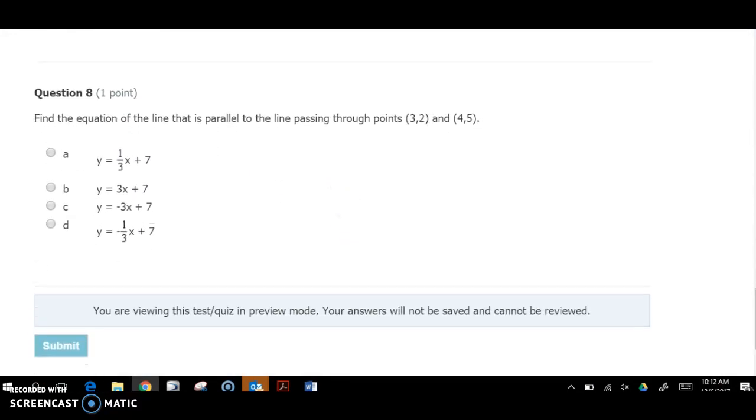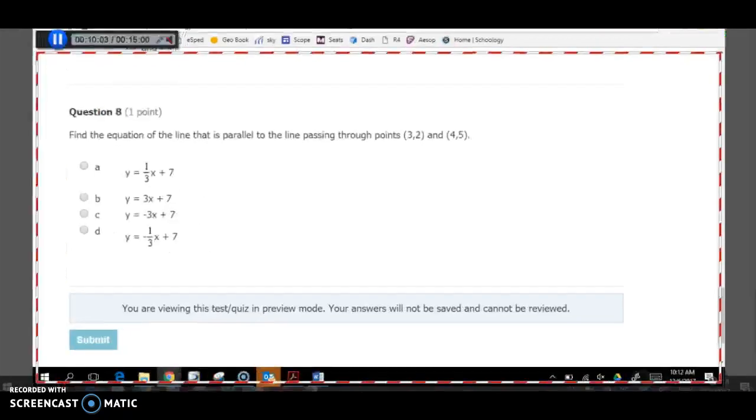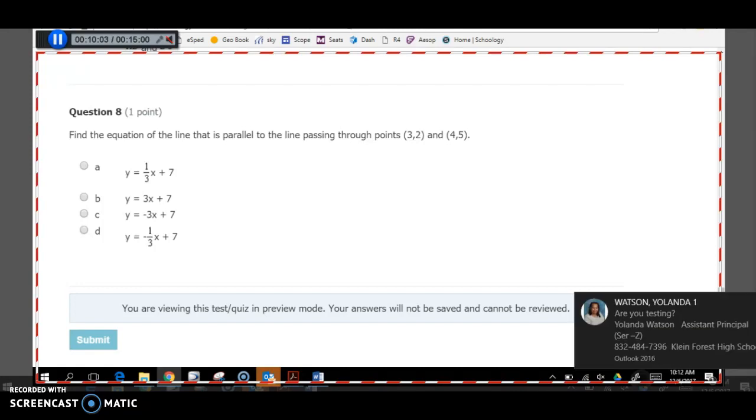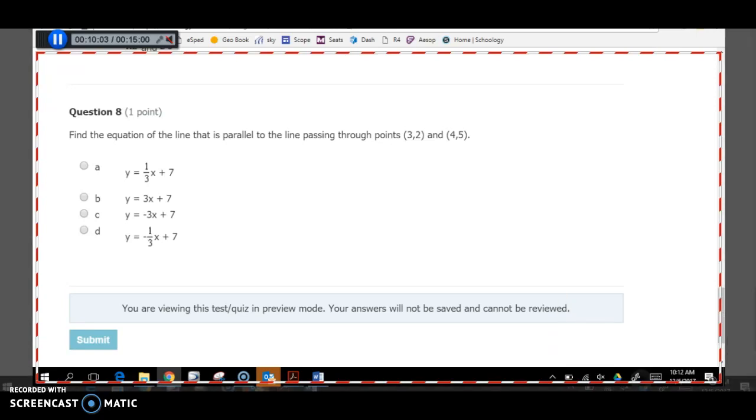Question 8. Find the equation of the line that is parallel to the line passing through the points 3, 2, and 4, 5. Okay. Again, remember the slope formula, m equals y2 minus y1 over x2 minus x1.